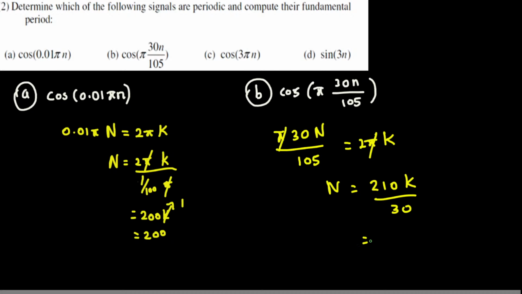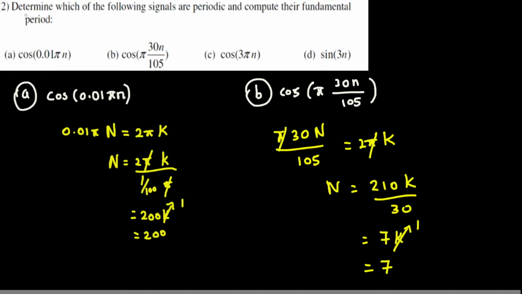This is divisible: 210 divided by 30 is nothing but 7. So 7k, and you substitute 1 for k and you get 7 here. You just substitute a whole number integer, and if that gives a whole number, then this is the period, and the fundamental period is 7.